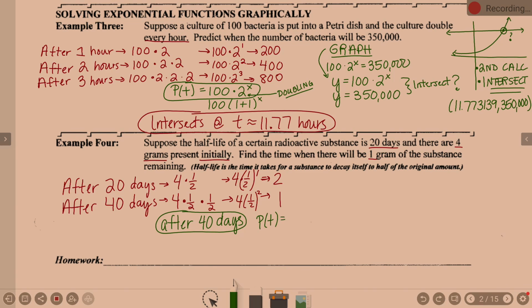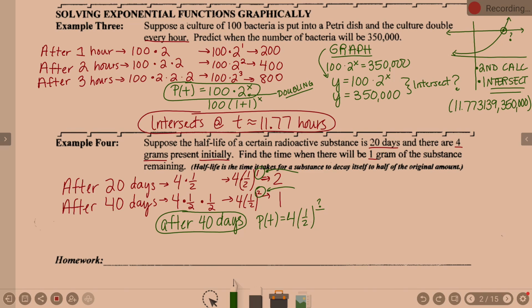P of T equals 4 times 1/2 to the T. Now, here's the deal. It's not T, though. Is it X or P? Look at this with me. I forgot about this detail. I should have led a little bit differently.